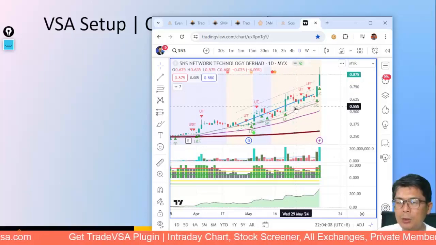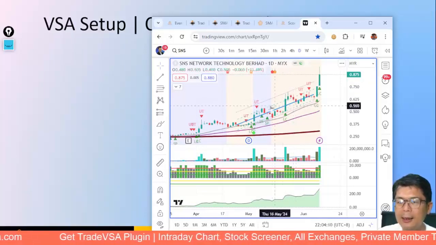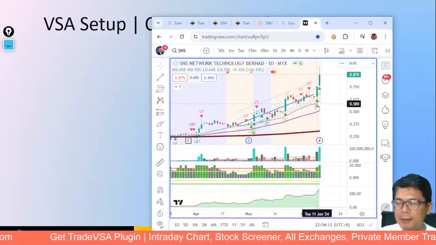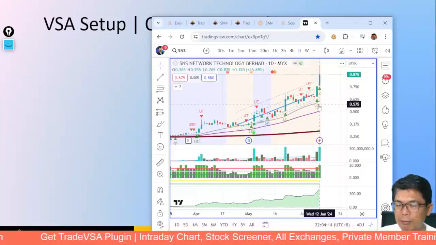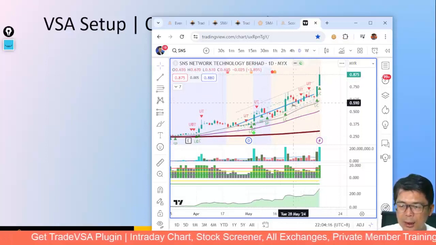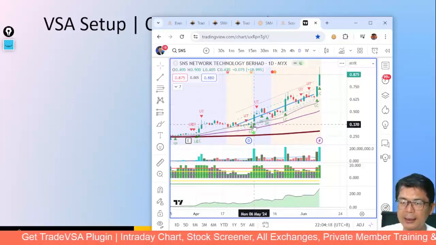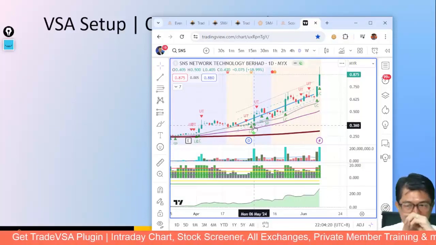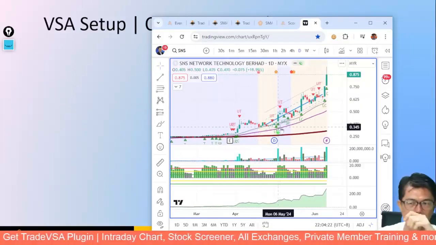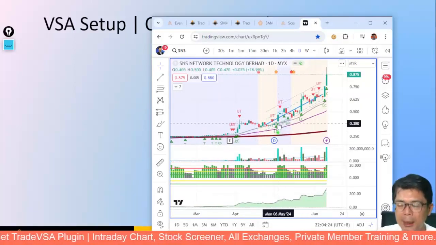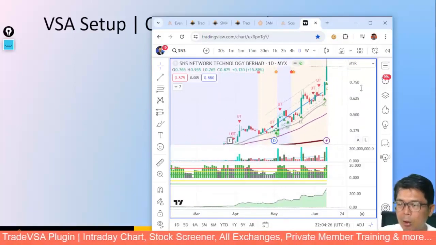You can see, drop 3%, drop 4%, sakit hati tau. Like this one, shoot 16%, shoot 15%, but this kind of stock can turn back inside, like you can see from here, 18%. So we want to avoid this kind of stock, because you can make big, but you can also lose big.